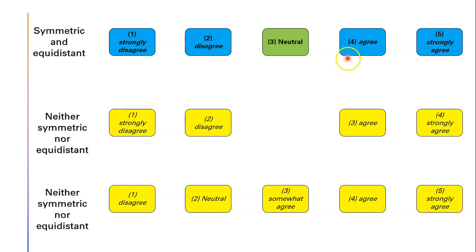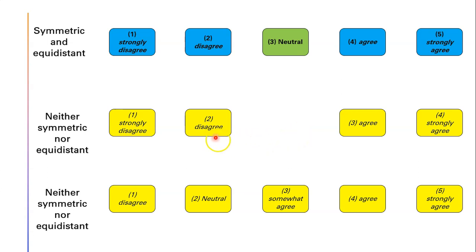So here we have an odd number of points, which is 5 in this case, and we have 2 points on the right and 2 points on the left-hand side of the middle category, and basically it is viewed as a symmetric and equidistant Likert scale that is suitable for PLS applications, or structural equation modeling. The second example is a 4-point Likert scale. So here we don't have the middle category. Basically it is not considered a symmetric scale.